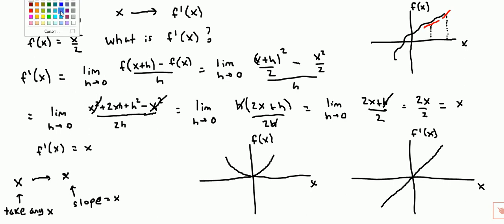Okay, so let's say this is x. Okay? And ask, what is the slope at that x? Let's say that's x equals 1. That means that the derivative at x equals 1 is equal to 1. F prime of x is equal to 1.